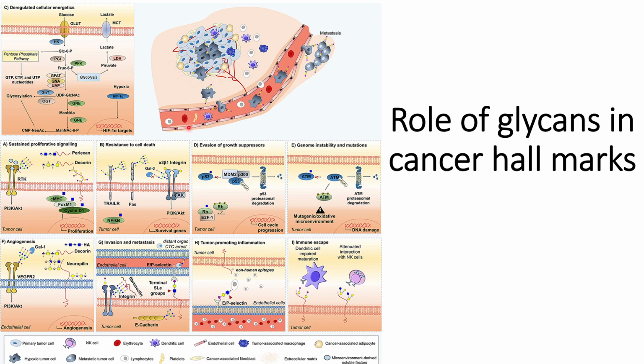Next one is evasion of the growth suppressors. We know that one of the characteristics of the tumor cells is an uncontrolled growth rate. This happens because the growth controlling capacity of the growth suppressors gets disrupted in tumor cells.